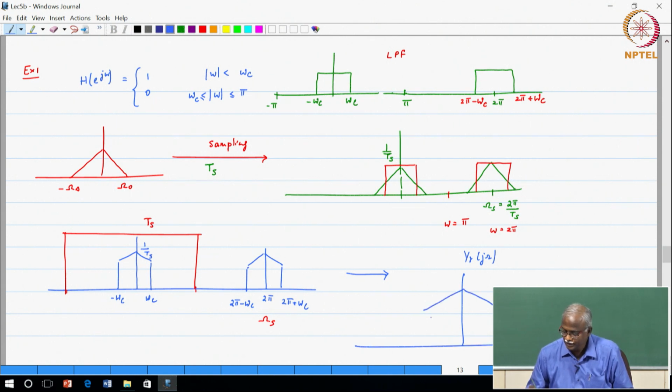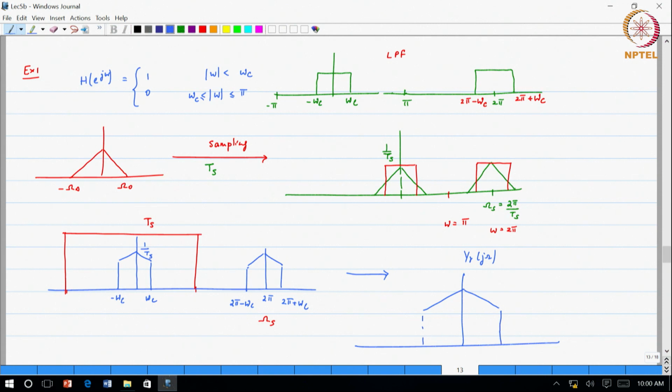It has a shape like this, and if you apply a reconstruction filter as indicated here, going from minus omega s by 2 to omega s by 2, it will remove all of the other copies, and what we get is the signal at this point, which we can label as follows.